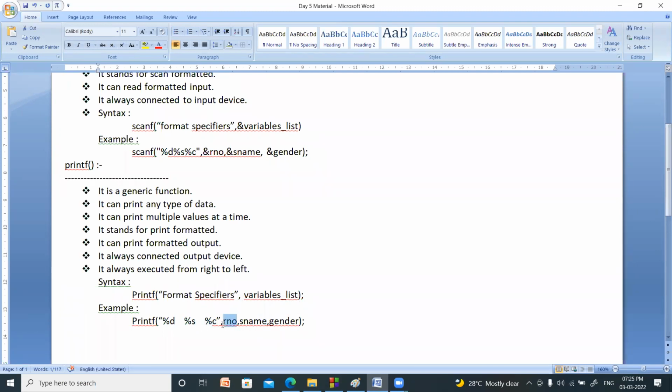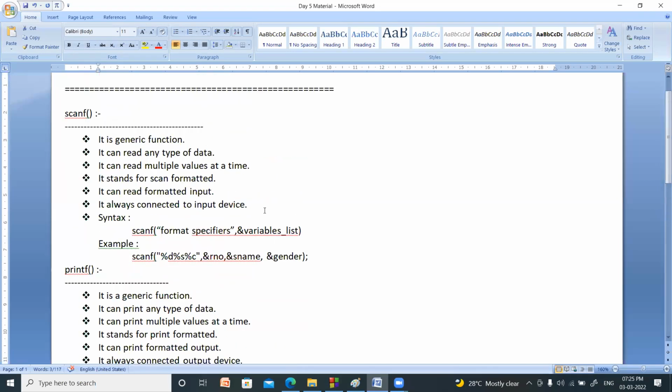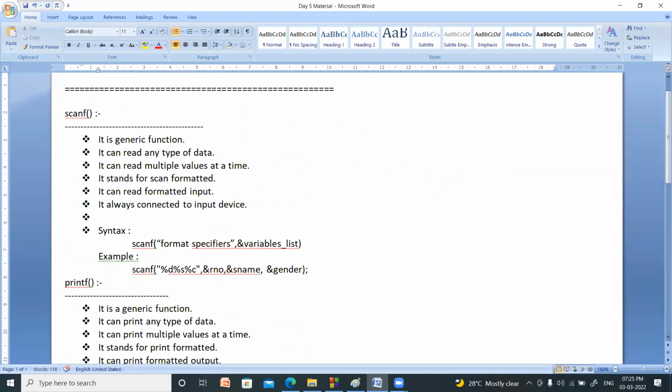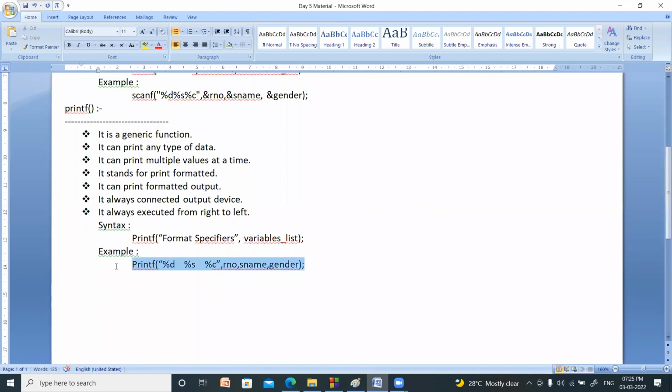After that it gets the data of roll number and substitutes it here. So printf is always executed from right to left, whereas scanf is always executed from left to right. This one you have to remember.